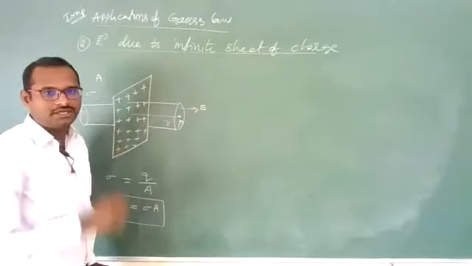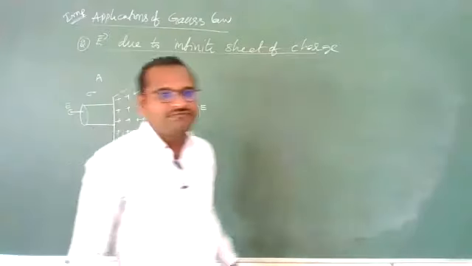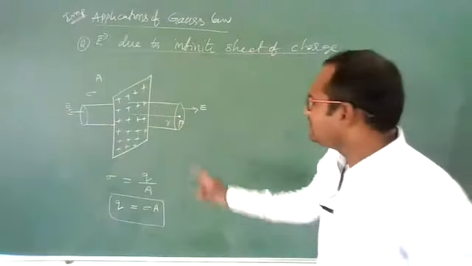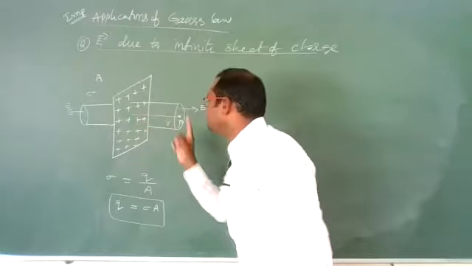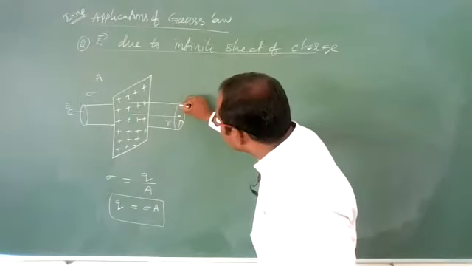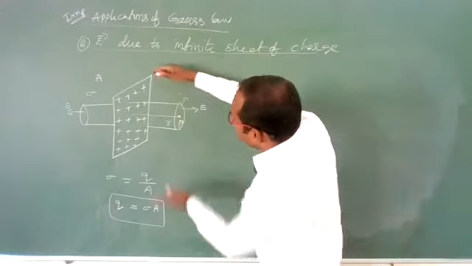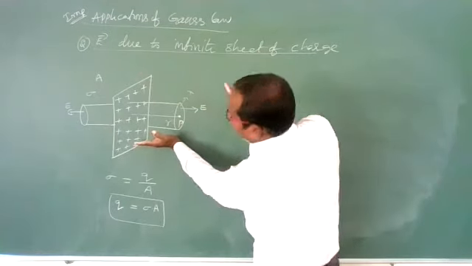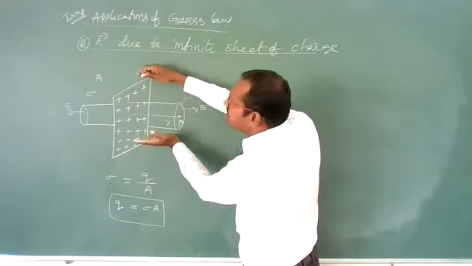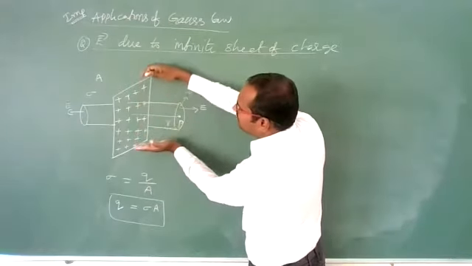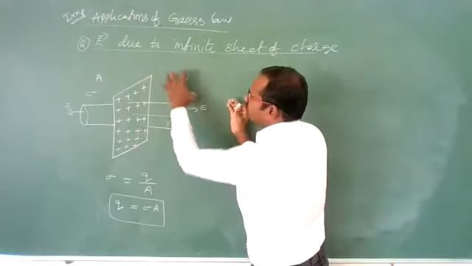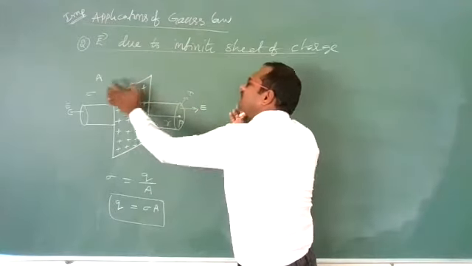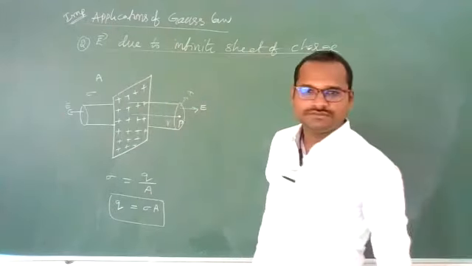Now for flux, we need to consider these areas. Imagine each cap has the total sheet area A, the same as the area of the sheet. Then this cylindrical caps' area is also equal to area of the sheet.